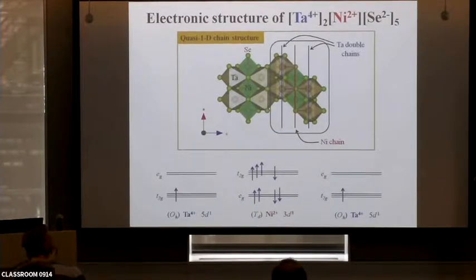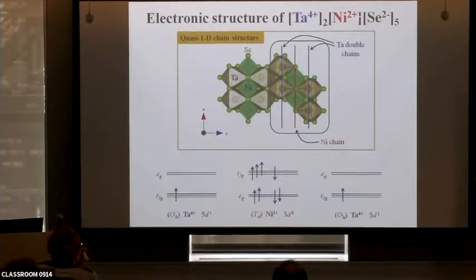In the ionic picture, tantalum and nickel have 4+ and 2+ valence states, which correspond to d1 and d8 systems respectively. One electron occupies the t2g level on the tantalum side, and eight electrons occupy the nickel side. Here the eg level is fully occupied and the t2g level is partially occupied. So the tantalum and nickel sides provide electrons and holes respectively. Tantalum provides the conduction band and nickel provides the valence band.